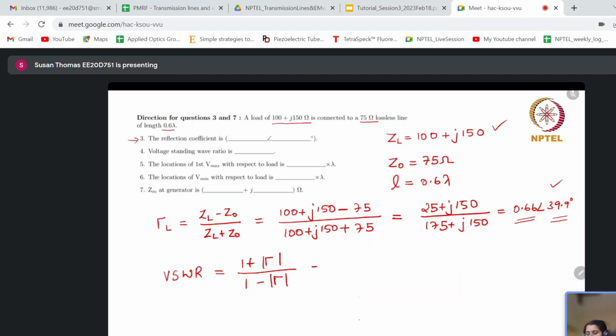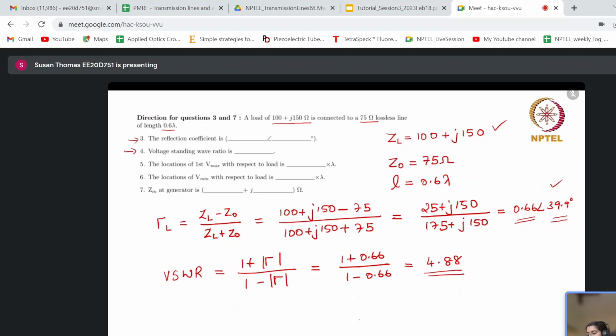Here the modulus or magnitude of gamma is 0.66. So 1 plus 0.66 divided by 1 minus 0.66, which will be 4.88. So this is the voltage standing wave ratio.